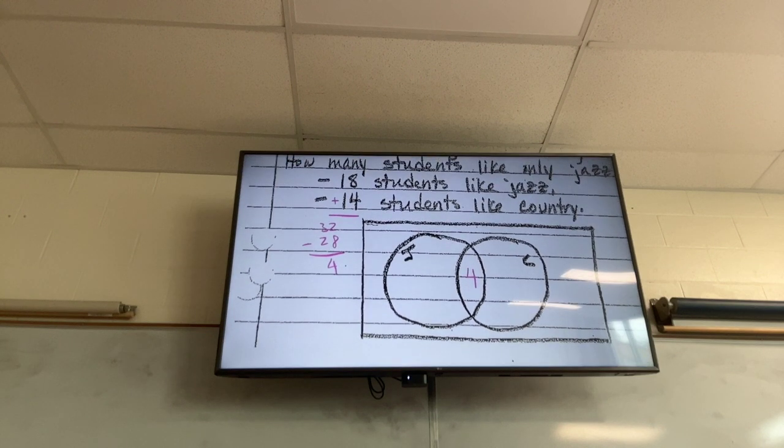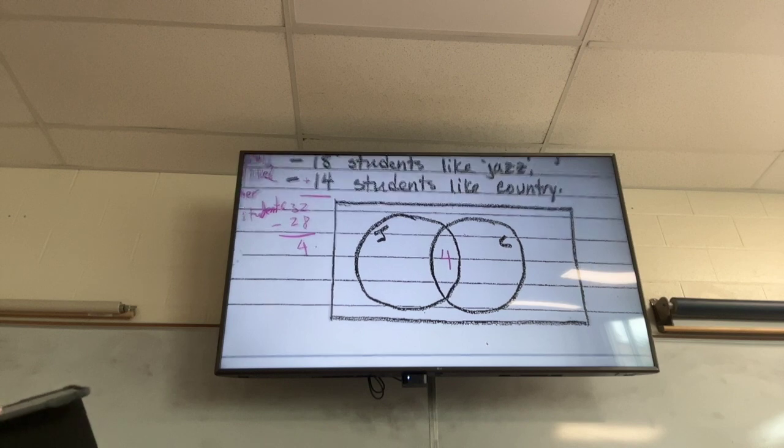So you add the total that like either, and you subtract the number of students. So that's 4.